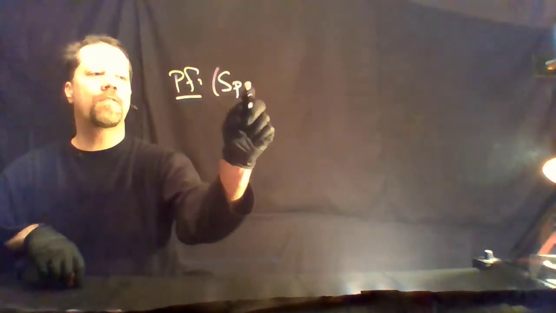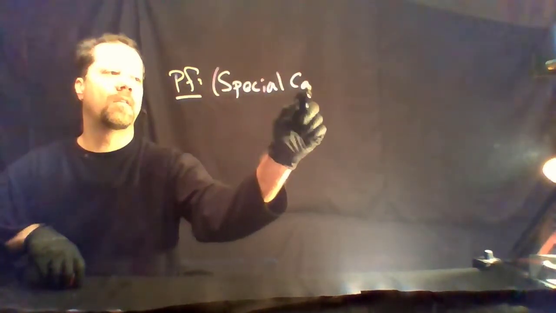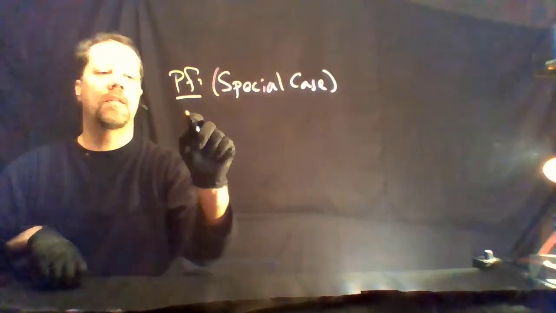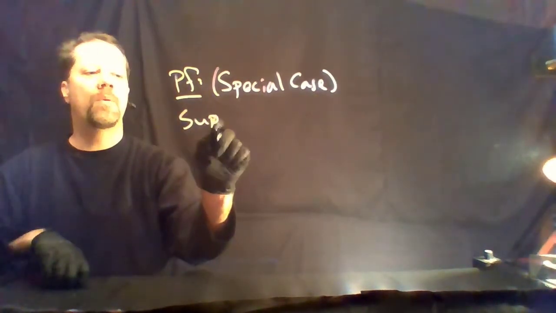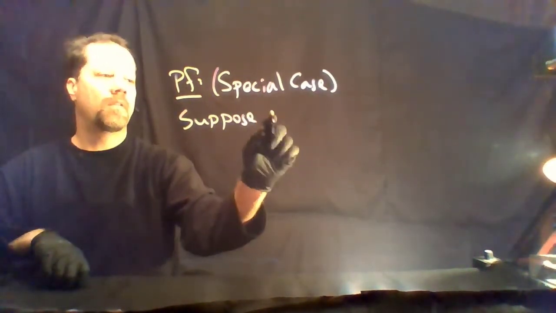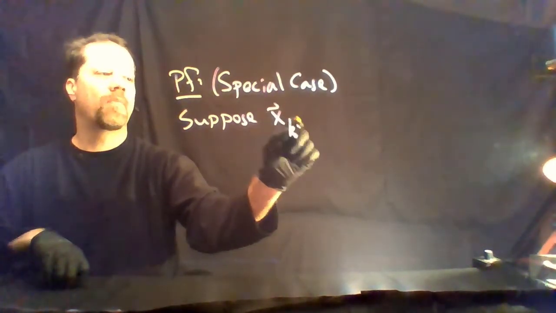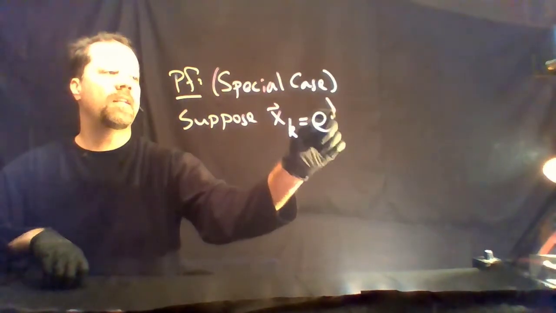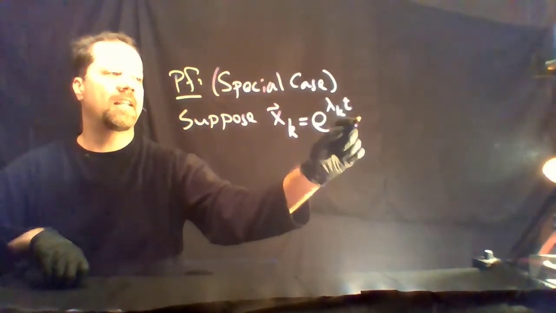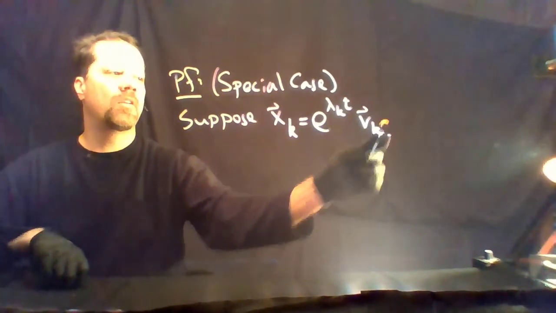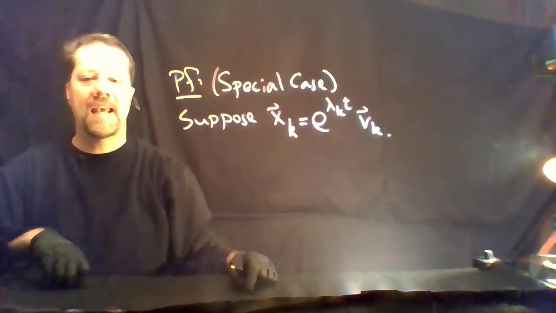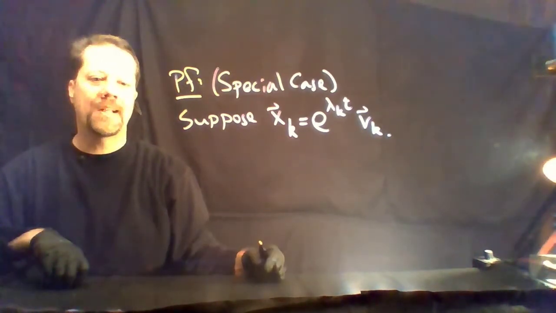The proof is for the special case where we suppose all of these x sub k are of the form e to the lambda k t times vk, where lambda k and vk are eigenvalue and corresponding eigenvectors.